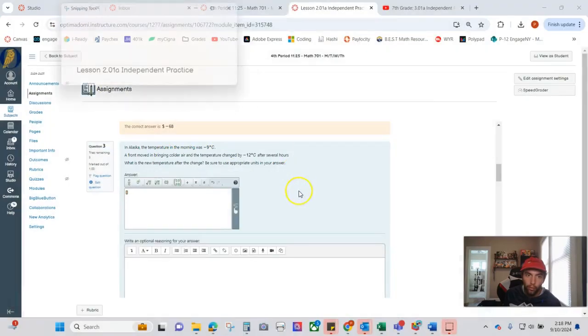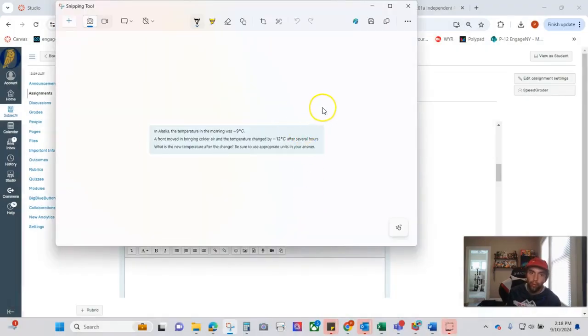So for this question, where did we start? Where does the problem start? Looks like this is where our problem starts. It starts cold. In Alaska, it's cold. So negative 9 degrees Celsius is where we start. And then does the temperature get warmer or colder? Is there a positive change or a negative change?